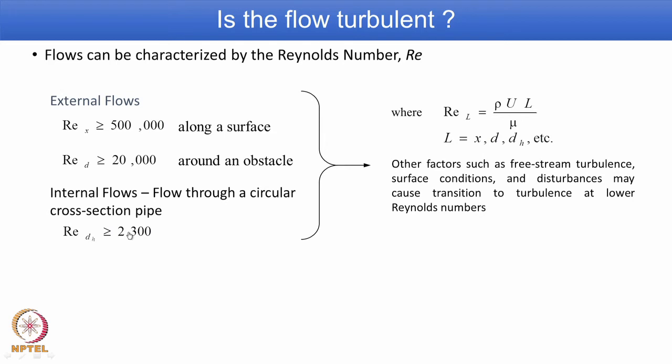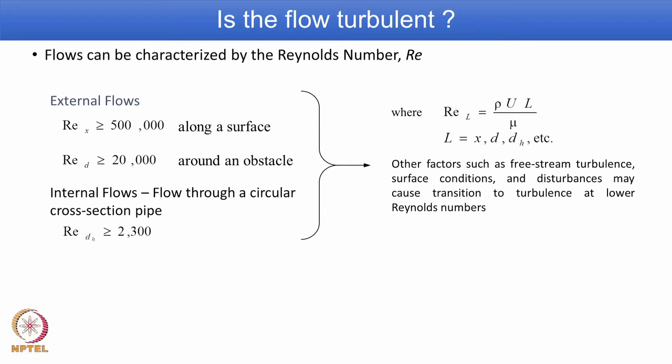Now, these values are only a guideline, they need not be the same in all situations. They are also functions of what is known as free stream turbulence and surface condition. For example, if you consider flow through a circular cross section pipe, we assume the internal walls are perfectly smooth. It is possible to have roughness introduced on the walls, then the surface condition changes.